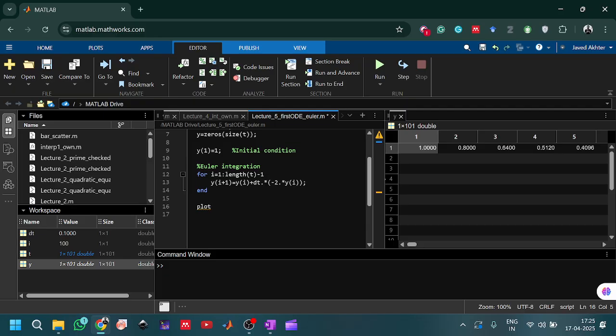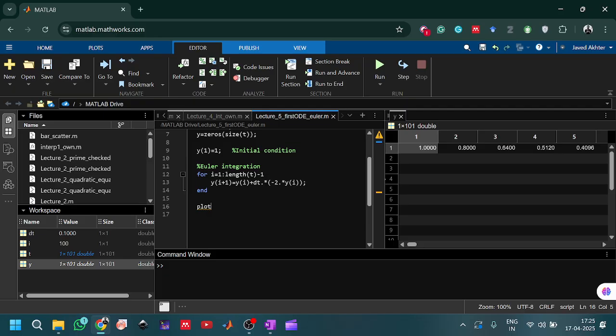You are given the update rule that dy/dt should be minus 2y, and the initial condition that y at t equal to 0 should be 1. Based on the initial value and the update rule, from this code you can tell how y will change with time evolution.